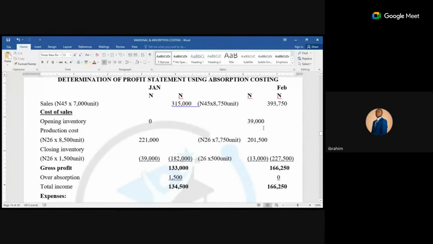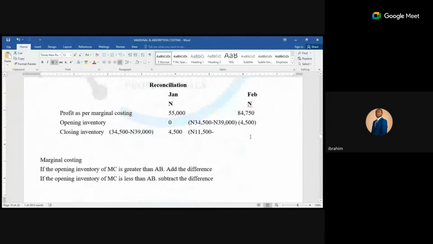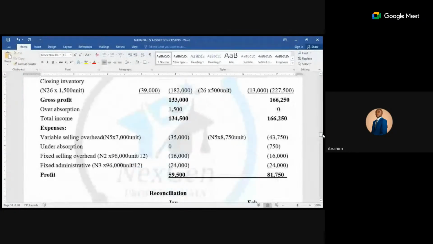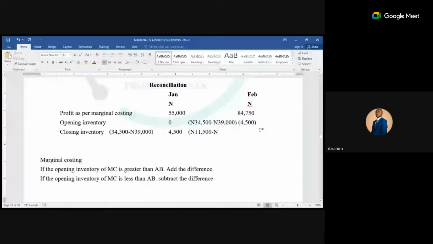The closing inventory of absorption costing is 13,000. Now we'll go back to our principle.